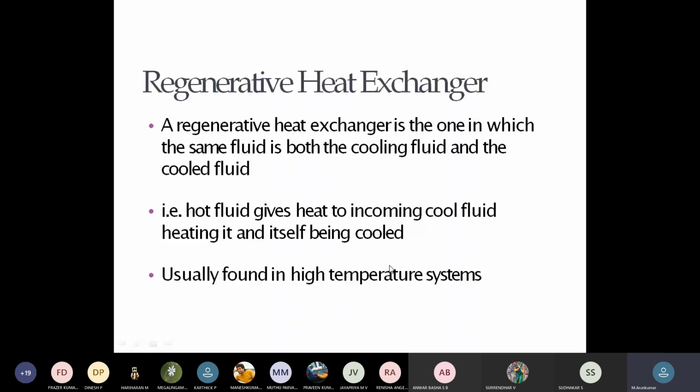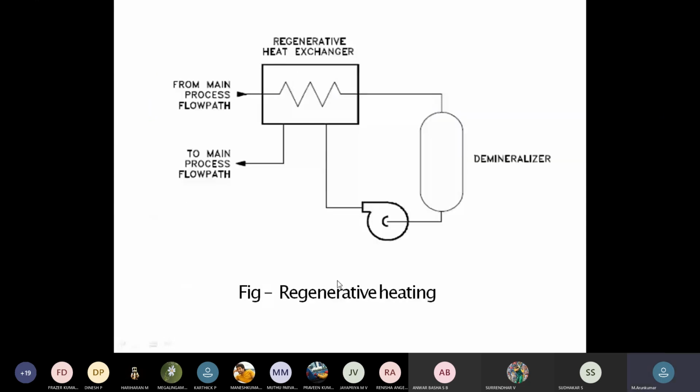The hot fluid gives its heat to the incoming cooled fluid, heating it and itself being cooled. It is usually found in a high temperature system. Actually, this is the regenerative heat exchanger.